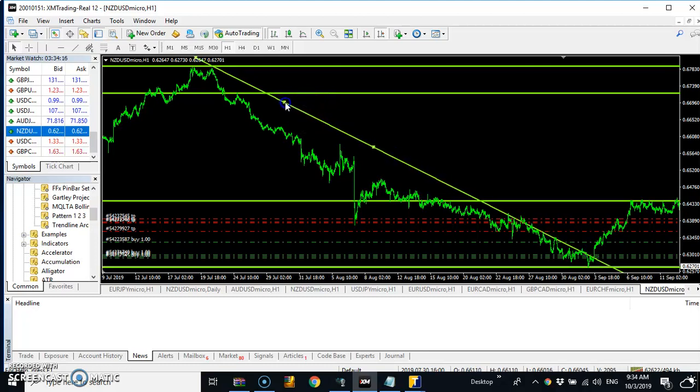When this trend line is broken, so you can see that the trend line we drew got broken, then the trend has changed.